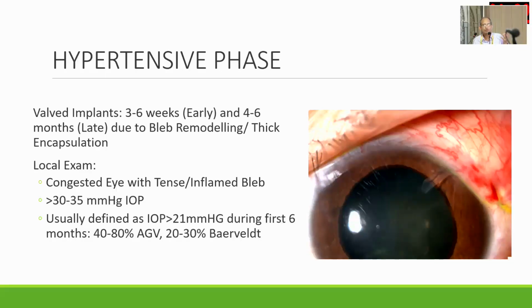Local examination will show an inflamed, congested eye with a tense bleb, and IOP will be to the tune of 30 to 35 millimeters of mercury. It's more commonly seen with valvular devices. AGV has almost 40 to 80%, whereas with ADI or Baerveldt it's a little less. And with the current silicone model of AGV, the incidence is less as compared to polypropylene models.